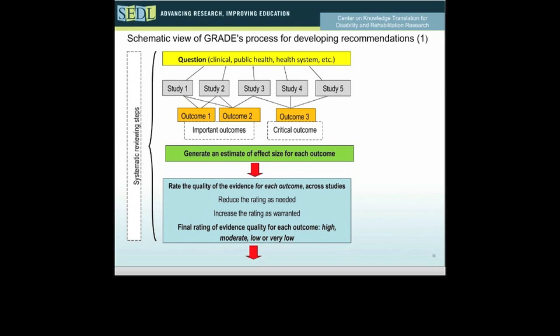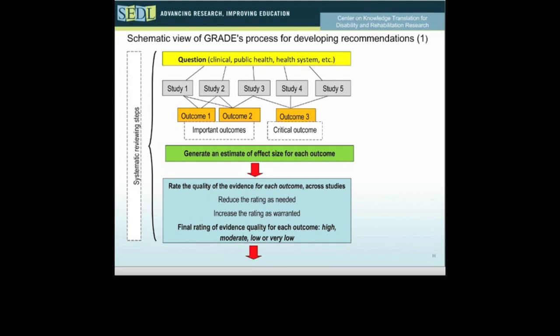You could even have unimportant outcomes, and I didn't bother to put these on the slide because do you really want to go through all this effort for an unimportant outcome? I don't think so. If you're dealing with medicine, you may have some outcomes. You are less symptomatic. That's an important outcome.